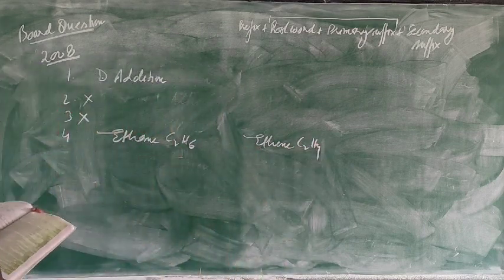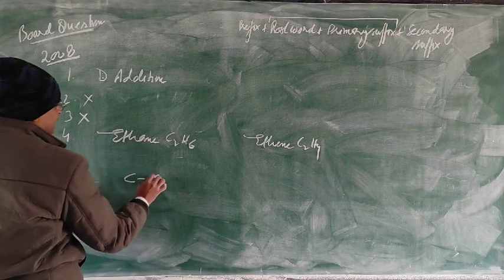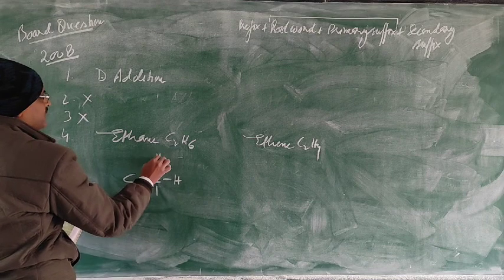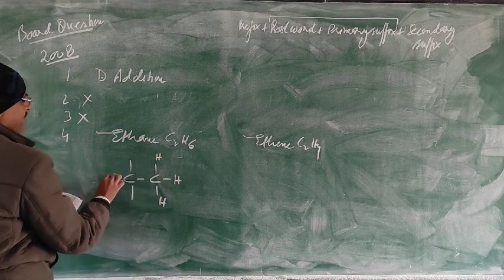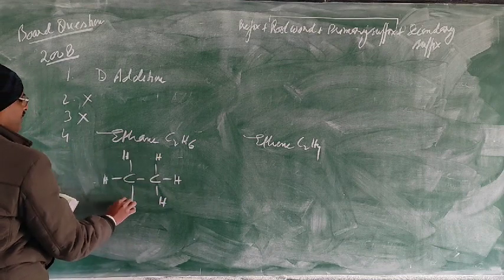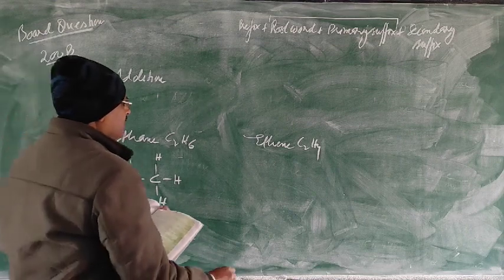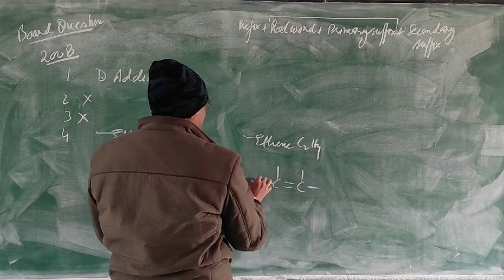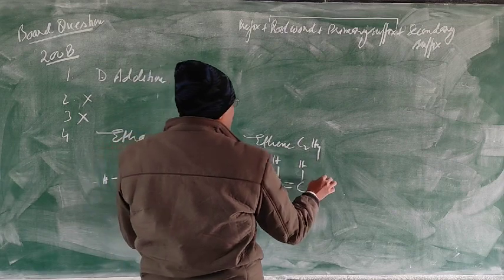Draw the structure of ethane with a carbon single bond, the rest of the valencies with hydrogen atoms. Here, a carbon double bond, the rest of the valencies with hydrogen.